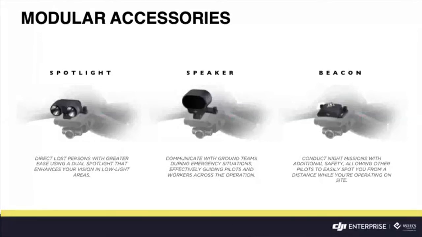For example, you can attach a spotlight to direct lost persons with greater ease. With the speaker, you can communicate with ground teams during emergency situations. And with the beacon, you can easily conduct night missions with additional safety.